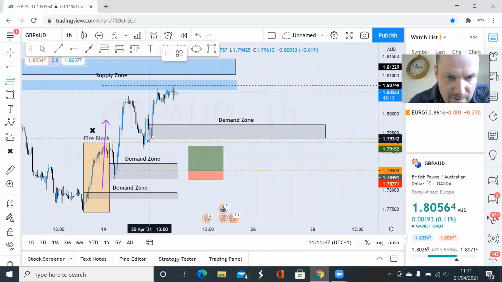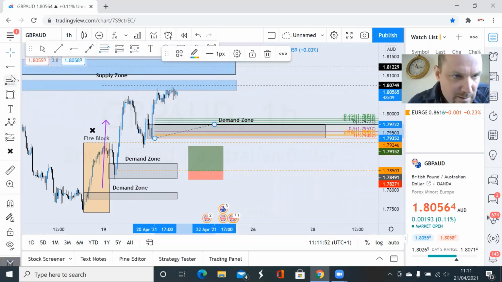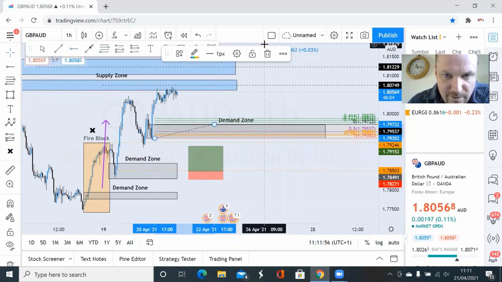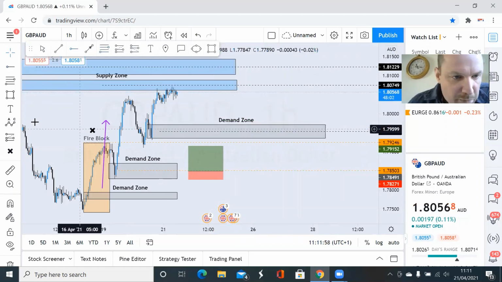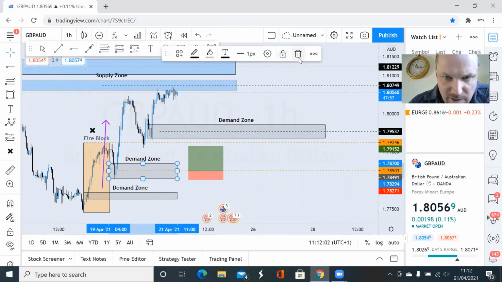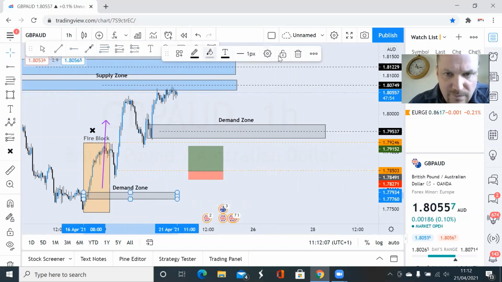Okay, and just have some fun drawing these up. Let's get the 50%. Get rid of that. And I would possibly ignore this one here, because we've broke out of this. So let's just get rid of the noise a bit.